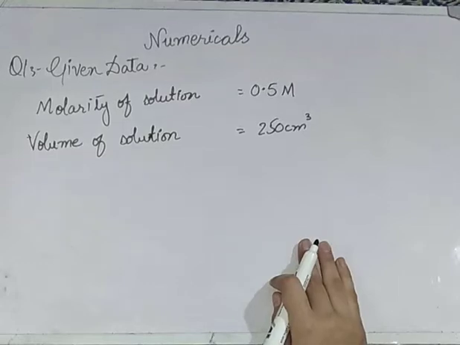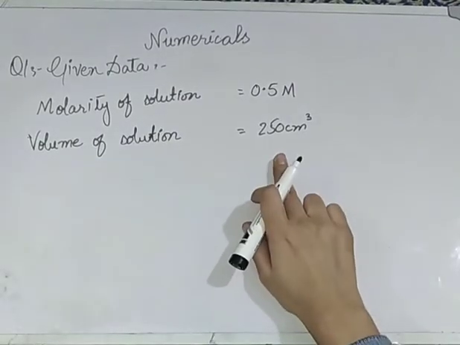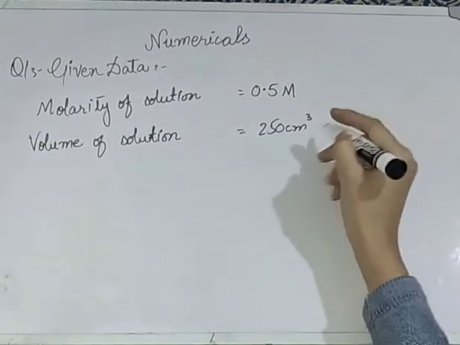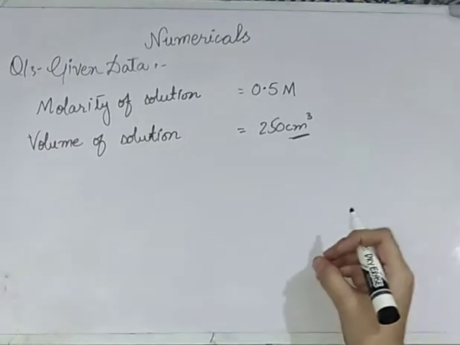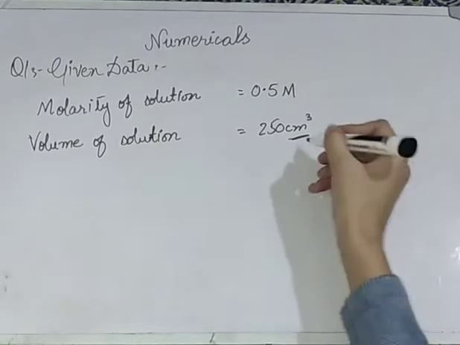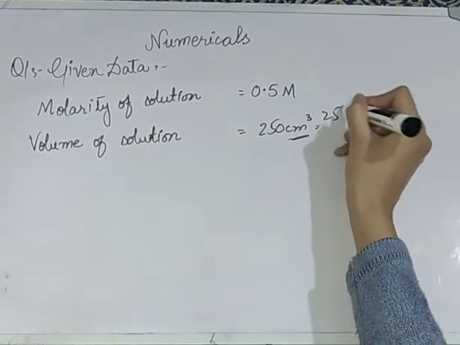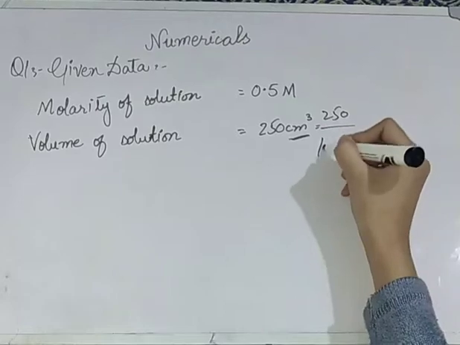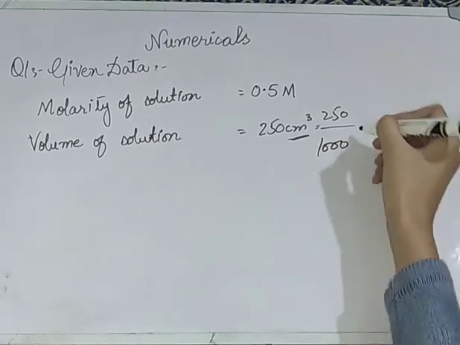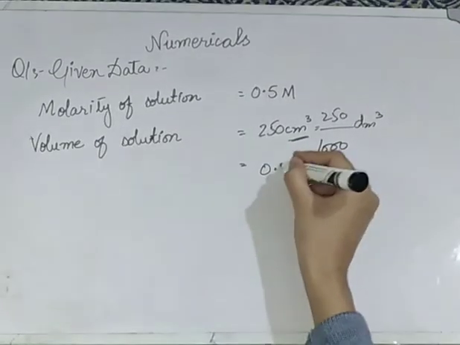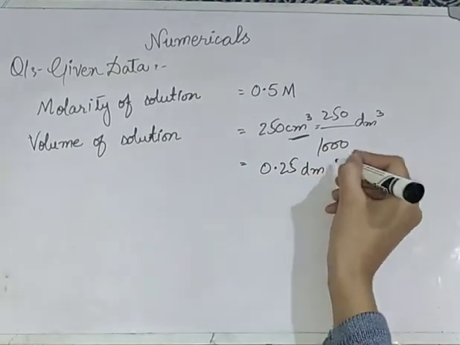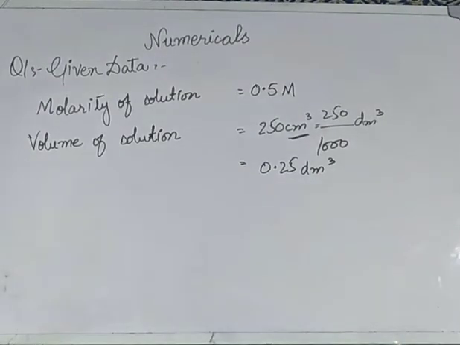But remember, when we solve this problem, we will always have to convert centimeter cube into decimeter cube. It is a requirement of the question. 250 divided by 1000 decimeter cube, and we'll get the answer 0.25 decimeter cube.